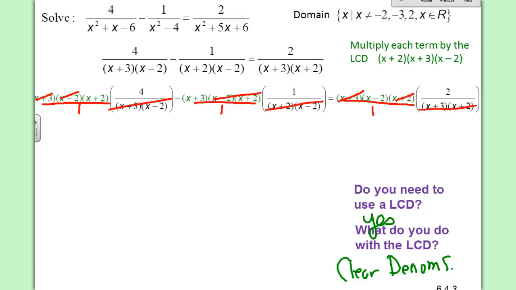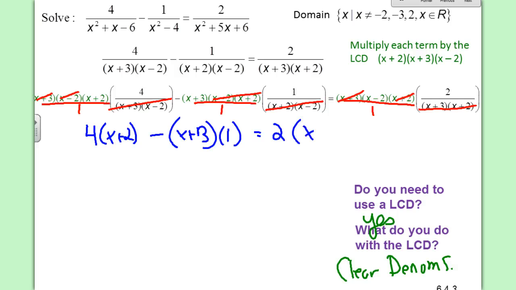So what are you left with? Well, you're left with a 4 in x plus 2. Don't forget that subtraction. A minus x plus 3 brackets and 1, and you're left with 2 bracket x minus 2. Wow, that's a lot nicer equation.